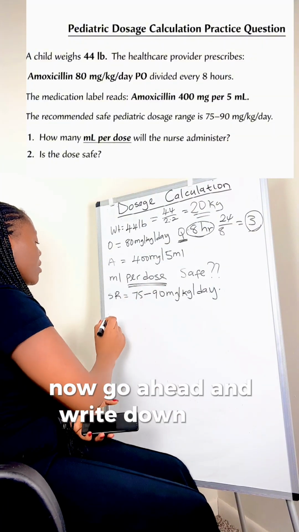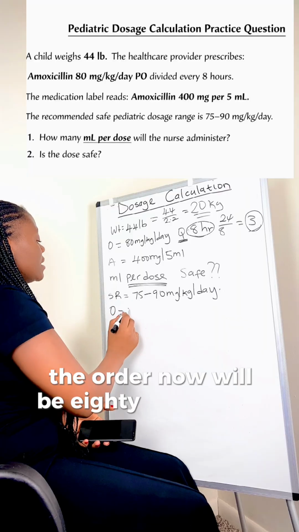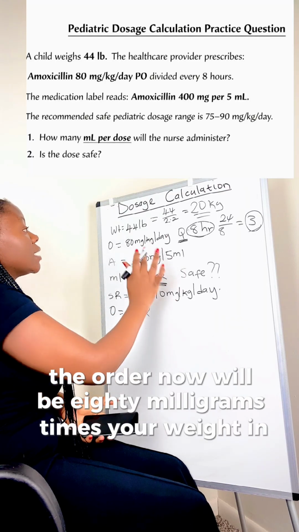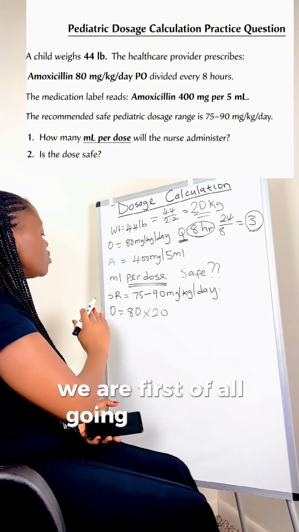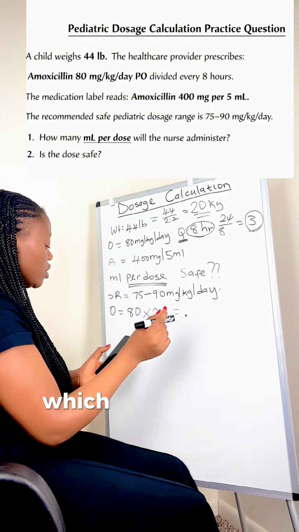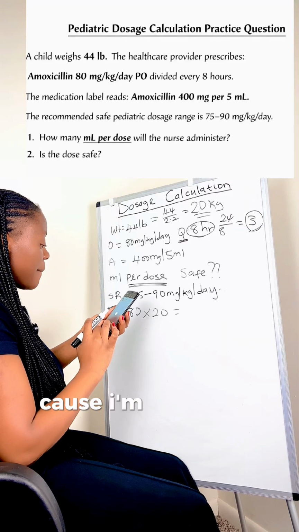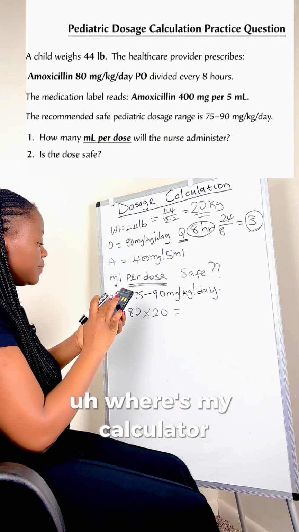Now go ahead and write down your order very well. The order now will be 80 milligrams times your weight in kilograms, which is 20, in a day. We are first of all going to do the order in a day. Please write the answer in the comment section, because I'm still to get to my calculator.